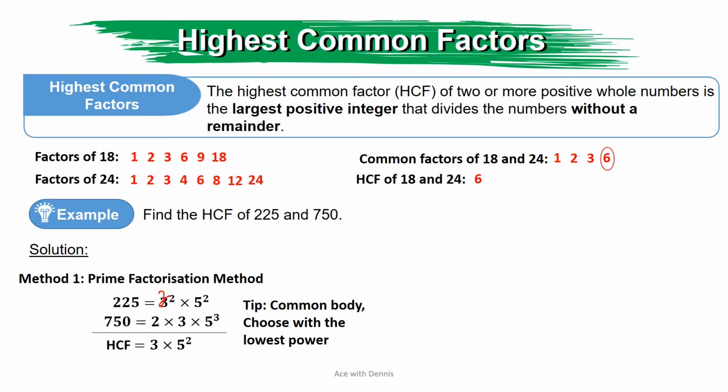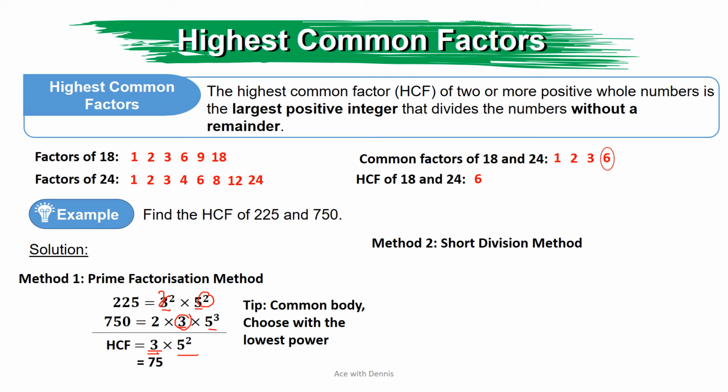Therefore, 2 is excluded. For the base of 3, we take the lowest power, which is 3. For 5, the lowest power is 2, so it is 5 squared. And we calculate the HCF equals 75.